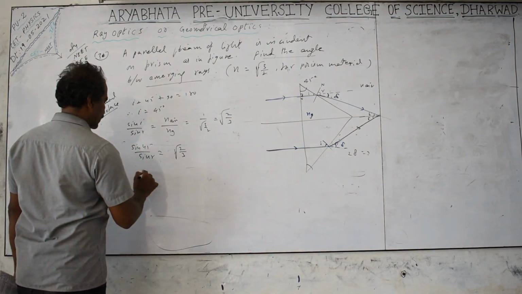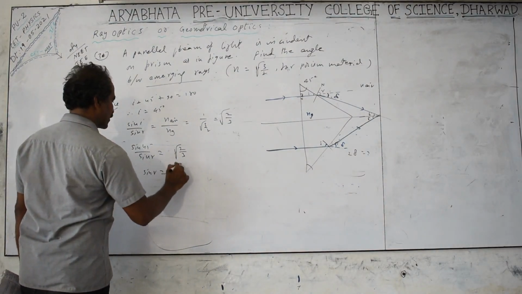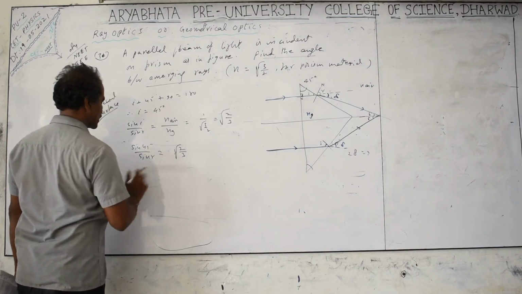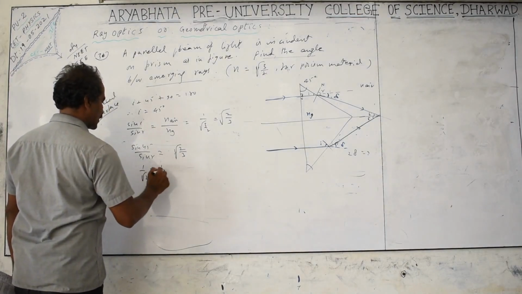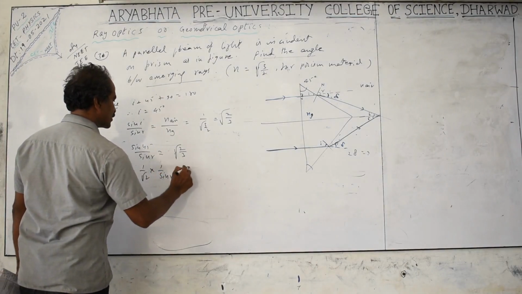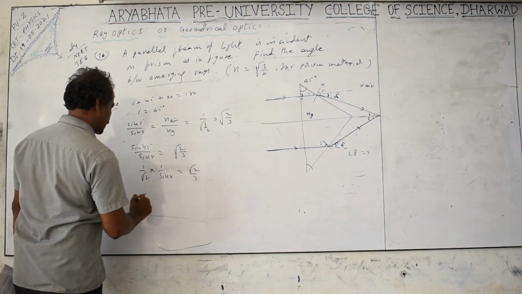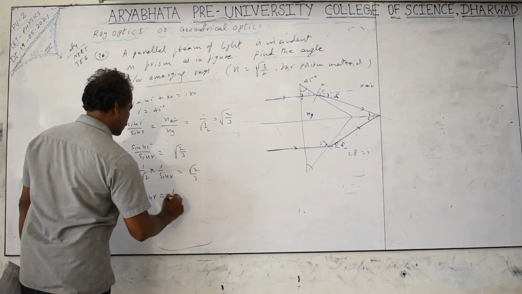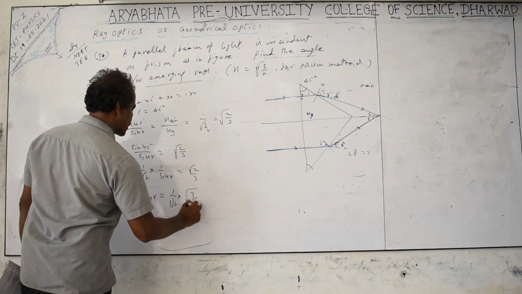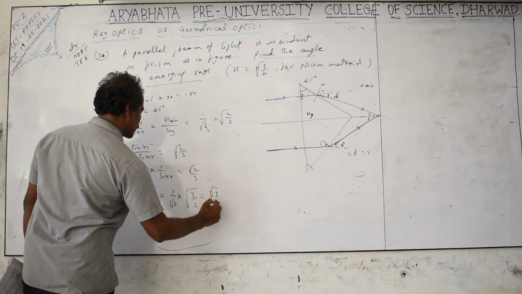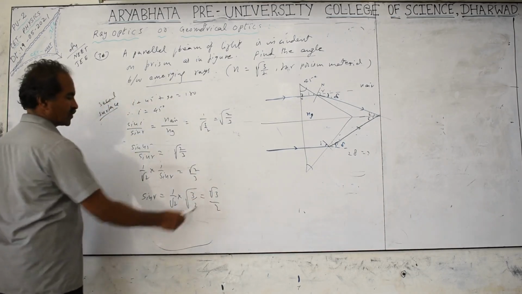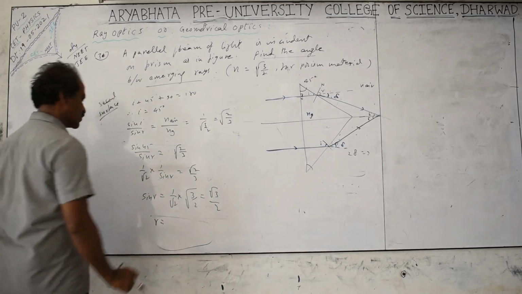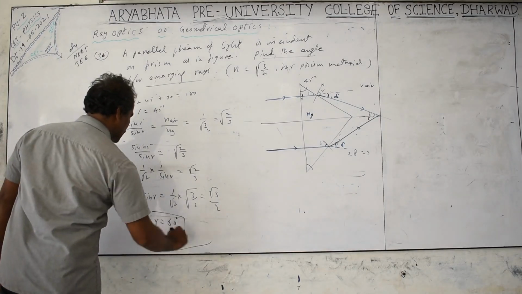We want sin R. So 1 by root 2 by sin R is equal to root of 2 by 3. Sin R becomes, cross multiplying, 1 by root 2 into the reverse of this, which is root 3 by 2. Now 2 came out of the root, so R is supposed to be equal to sin inverse, 60 is root 3 by 2, R equal to 60 degrees.